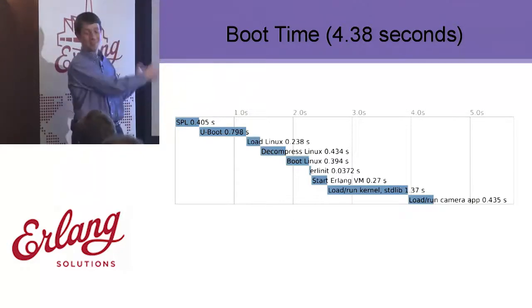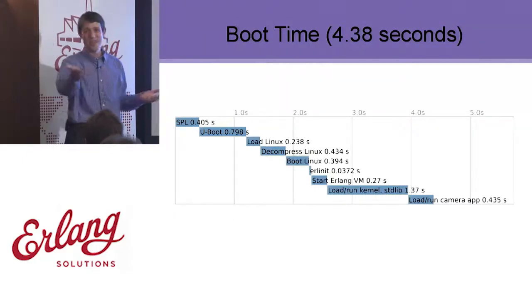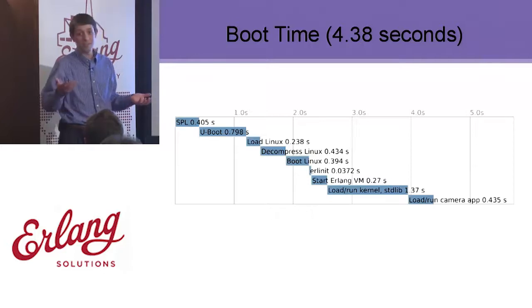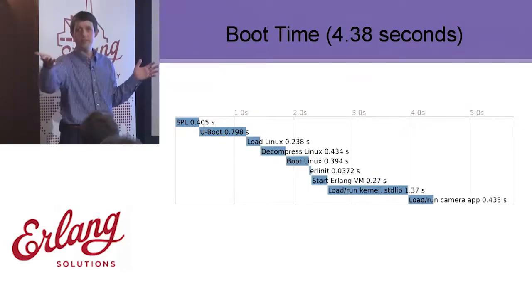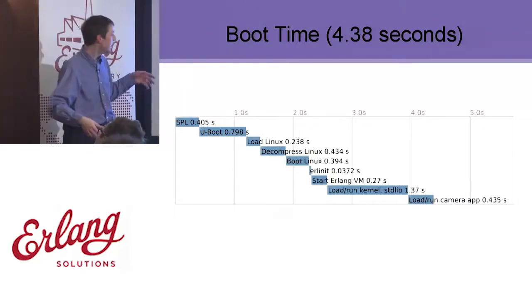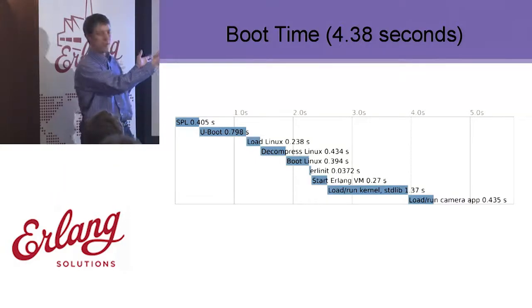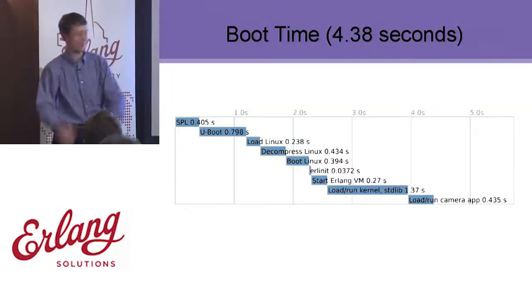So I said, well, that's the starting the VM part because it can't be doing much else. The next question was, how long does it take to load everything besides my app? So I just timed the amount of time it took to get to the Erlang prompt, for lack of a better measuring place. And that was this next group. Basically it's 1.37 seconds additional to get to that on this chip.